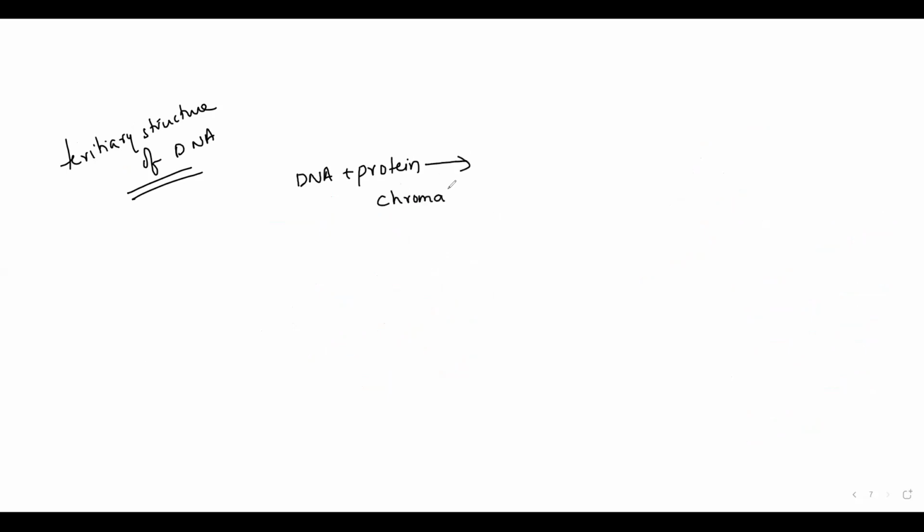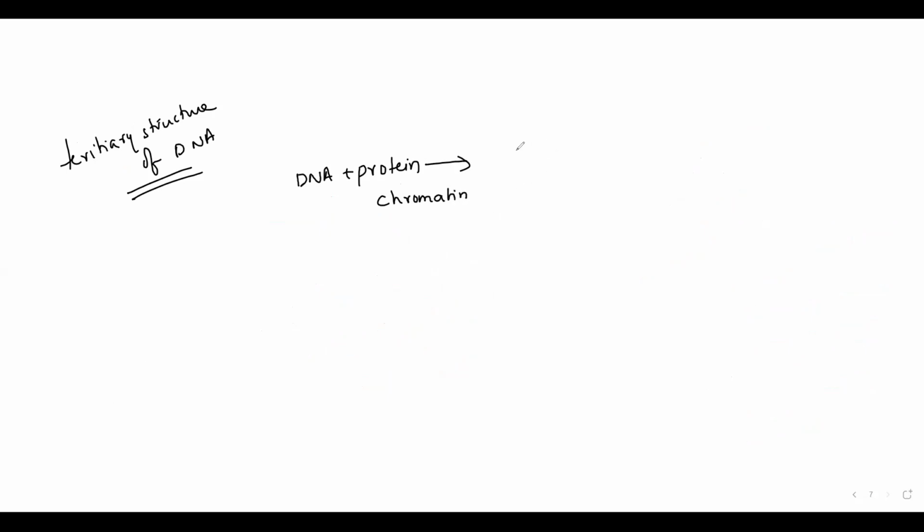Now coming on to how the tertiary structure of DNA is formed. How is it being formed? What is the first step? What did I say? I told you that the DNA is going to form a complex with the protein, and this is actually your chromatin.